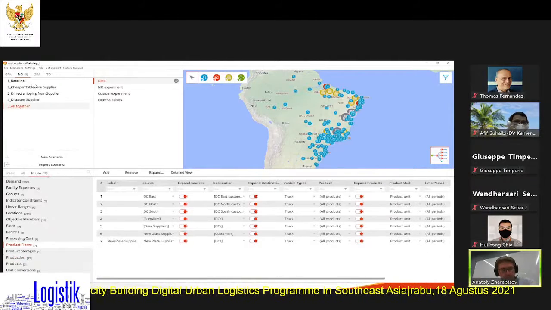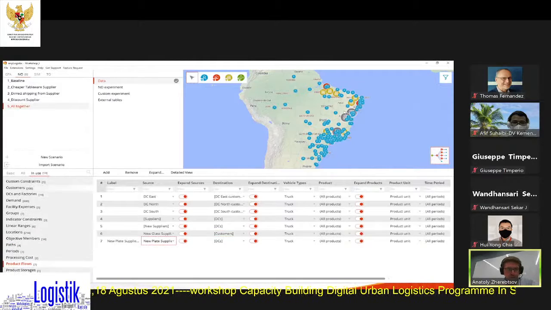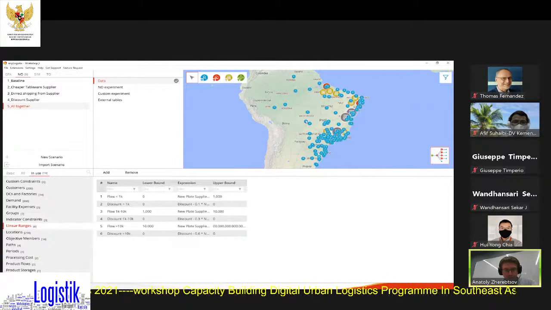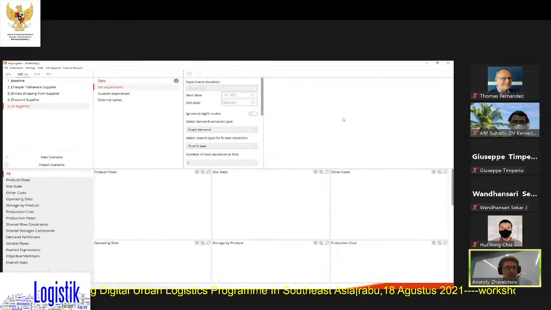New glass supplier that can deliver directly to customers within a certain range, and new plate supplier, which provides these discounts. So again, I switch to network experiment and run optimization for this scenario with all the suppliers.